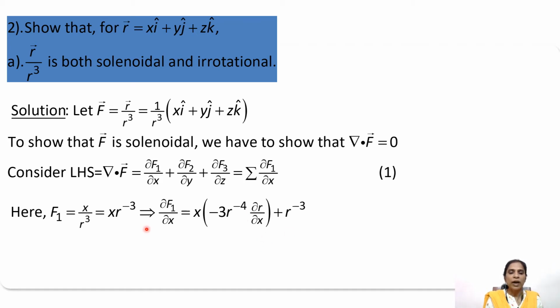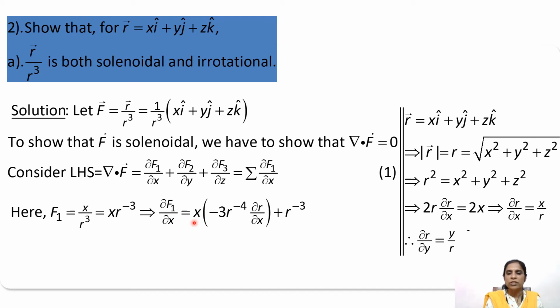So we have to apply either the quotient rule or the product rule. Well, if you are applying the product rule, here I have applied the product rule by considering x as first function and 1 by r cube or r to the power minus 3 as second function. So you are going to get dou f1 by dou x. And you can see that dou f2 by dou y, dou f3 by dou z, you can cyclically replace and get the required terms.